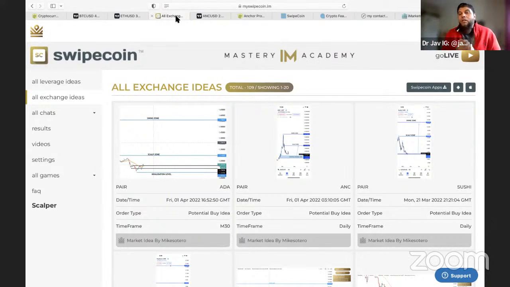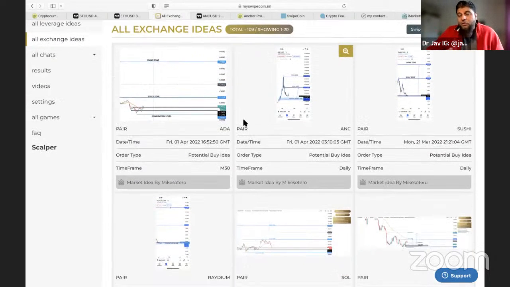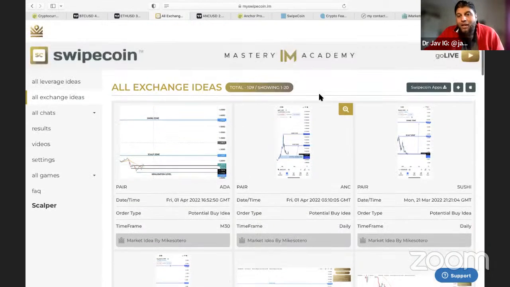Now, what we run is we have a mentorship program, an academy, where we teach you and train you how to trade the markets. For example, in the case of cryptocurrencies, we actually give you ideas, trading alerts, call them whatever you want to, every single day. So these particular coins that you can see here, we have recommended that you consider buying.